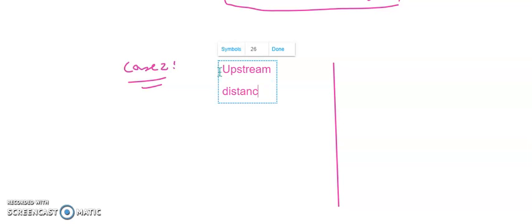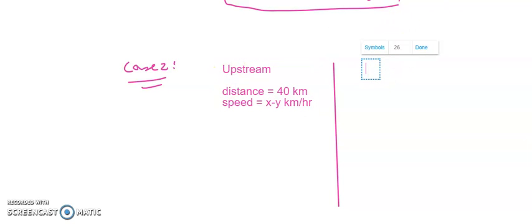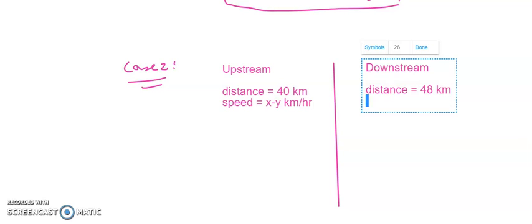Distance is 40 kilometers, speed x minus y kilometer per hour. And let's talk about downstream. Distance was 48 kilometers and speed is x plus y kilometer per hour.